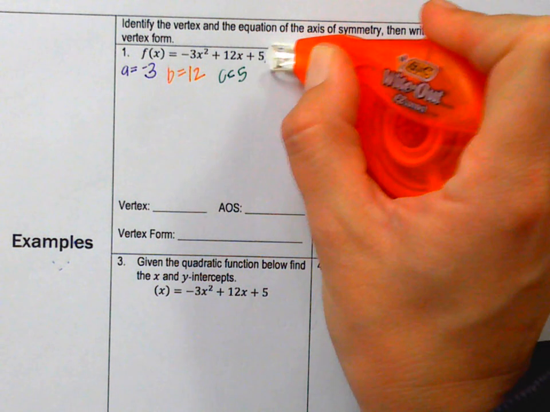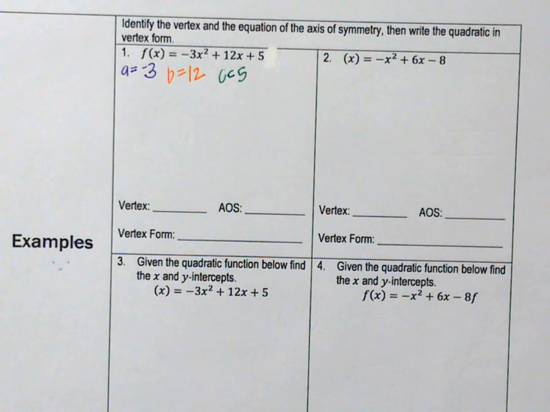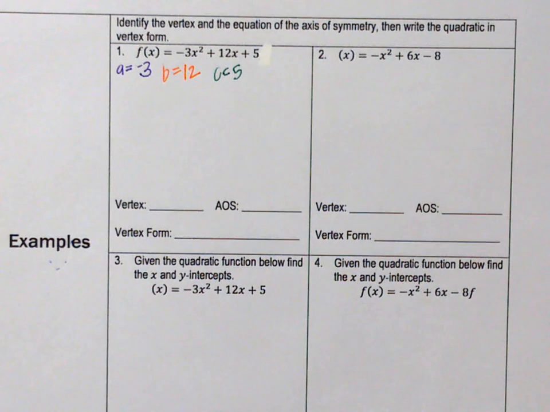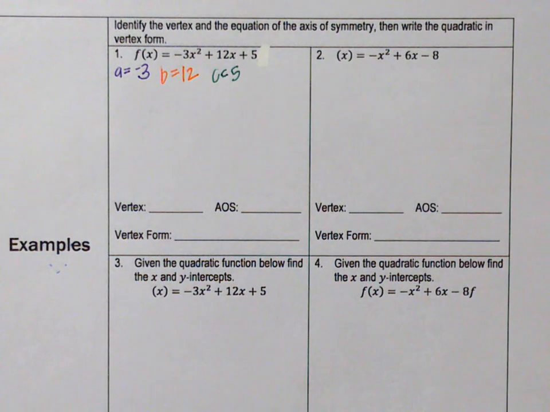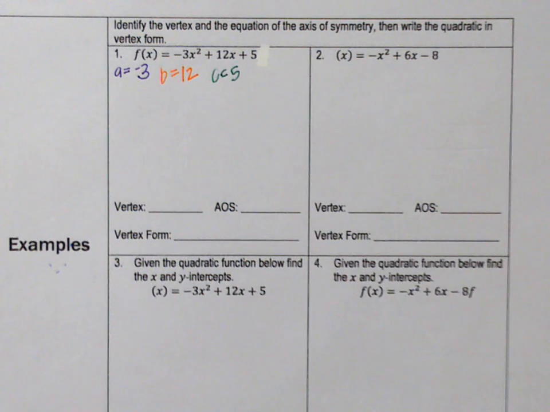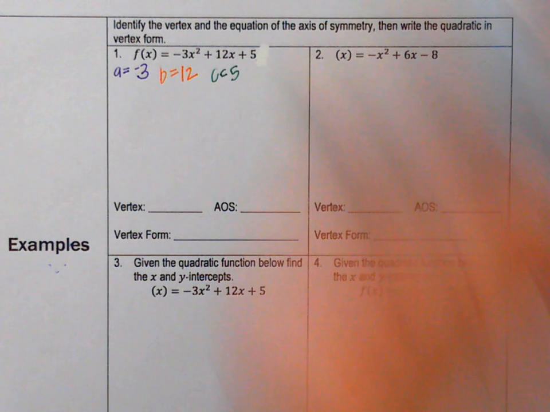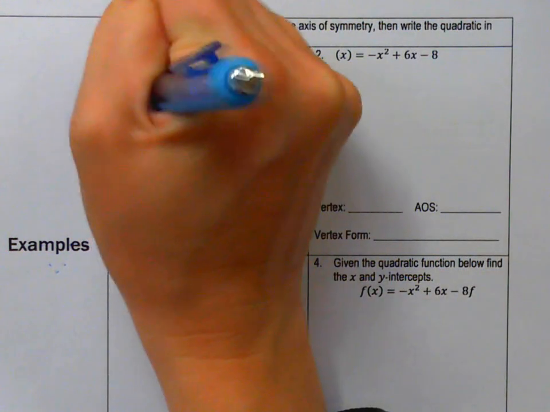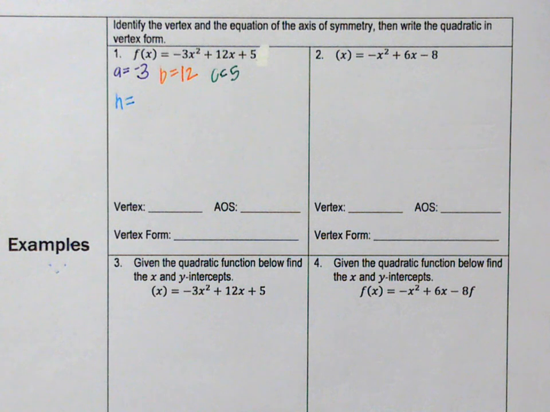So once you have that information, it's easy to just plug into our vertex formula. So the X value of our vertex is our H value. And our H value, if you recall, that formula is opposite of B all over 2A. So we're going to start there. H is equal to the opposite of 12.